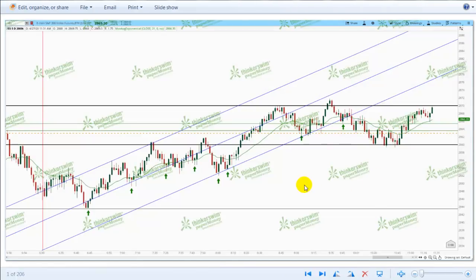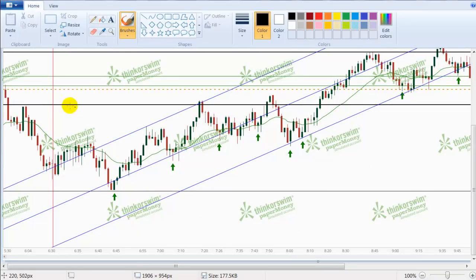And one last one for my friend here that's trying to work on his trend lines. I see why he drew that right there, but the main thing, I'm going to pause this. Okay, I moved this over to paint, but he saw the resistance across here, which is good.